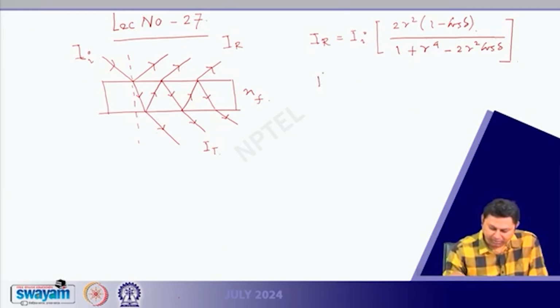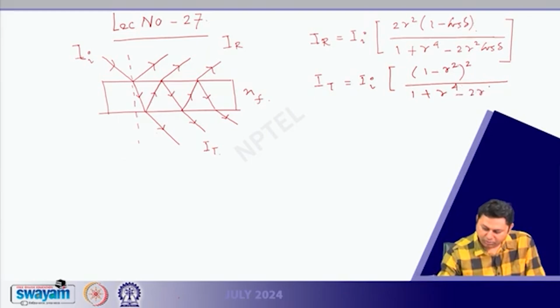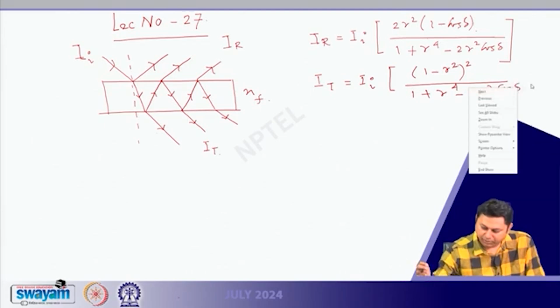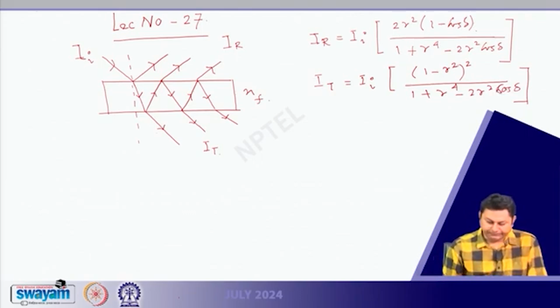Similarly, one can have the transmitted intensity in terms of the incident intensity, with an expression like this: r squared divided by (1 plus r to the power 4 minus 2r squared cos delta).